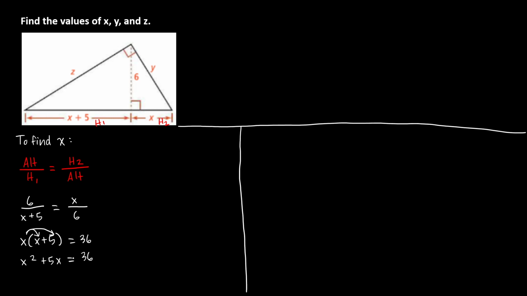And I'm noticing that I have a quadratic equation in the making here. So I'm going to move the 36 to the left side of the equation. So let's continue this up here. So my quadratic equation looks like this. X squared plus 5x minus 36 is equal to 0.